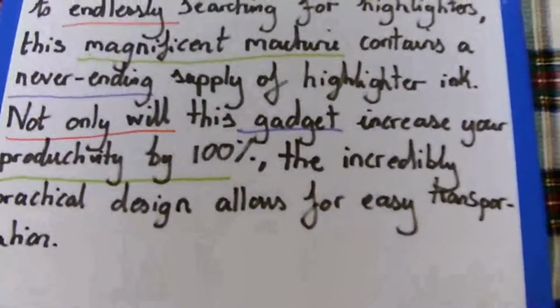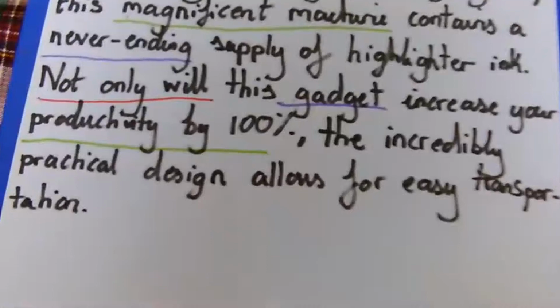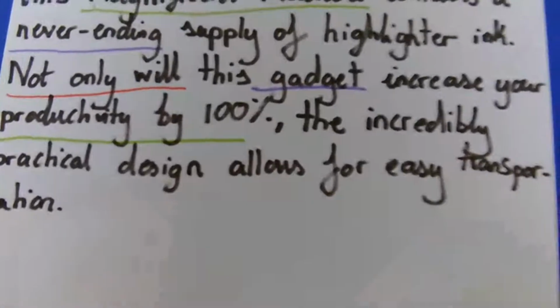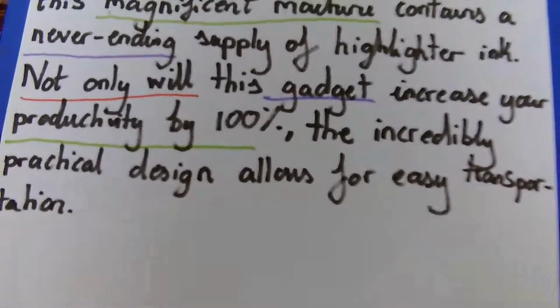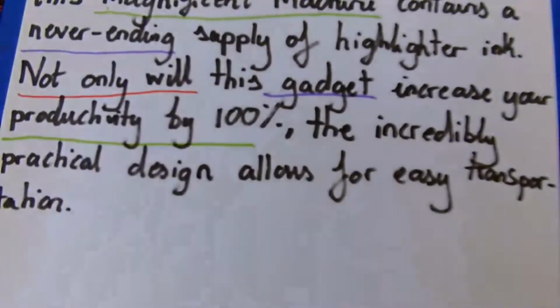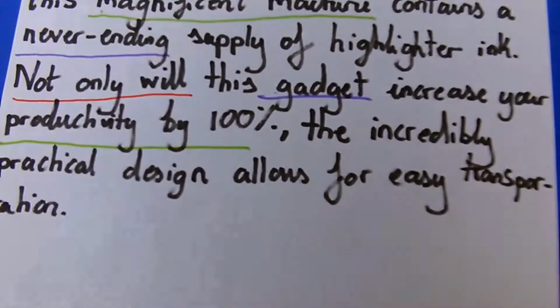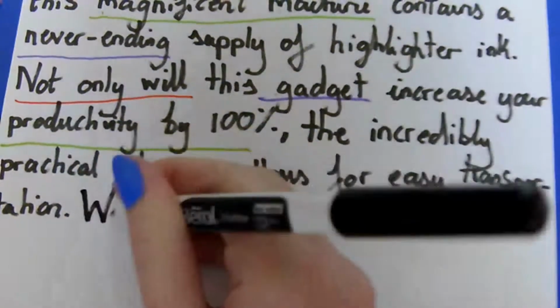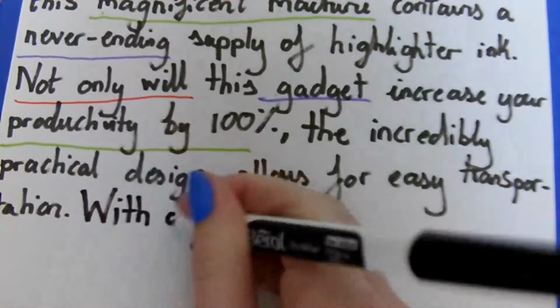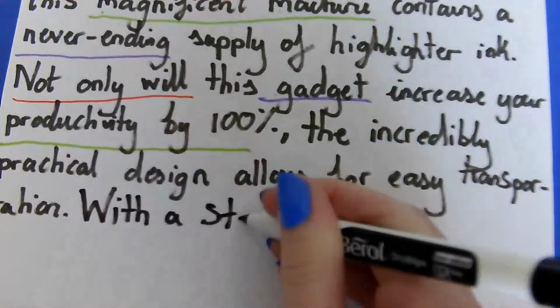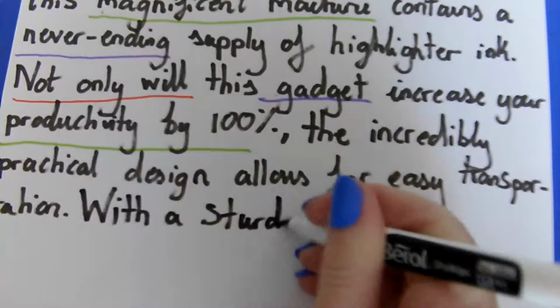Let's slightly move this down a little bit. There we go. Right. So what allows for easy transportation is that it's got a sturdy handle and a secure base. So I'm going to say with a sturdy handle.